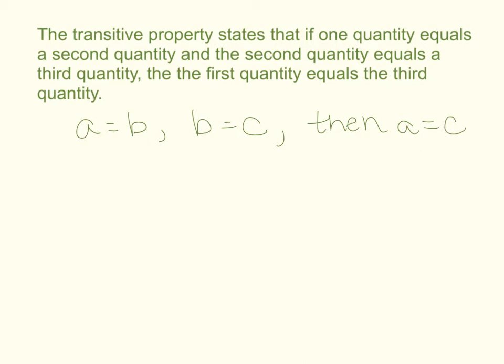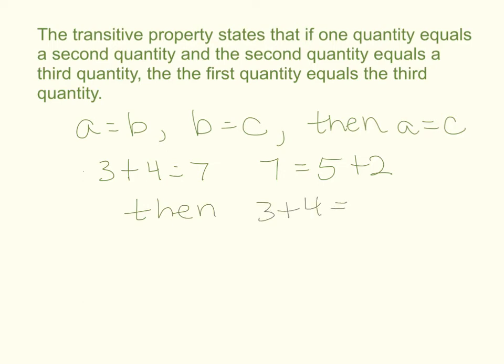An example of that with numbers might be if 3 plus 4 is equal to 7, and 7 is equal to 5 plus 2, then 3 plus 4 must equal 5 plus 2. That's the transitive property.